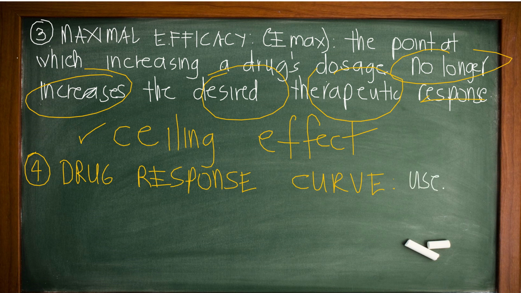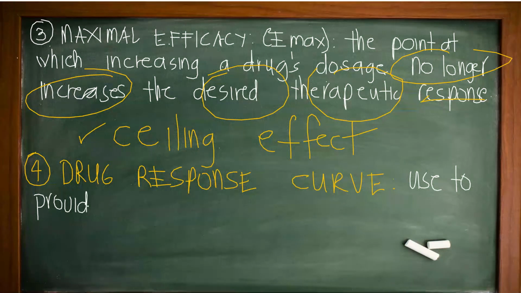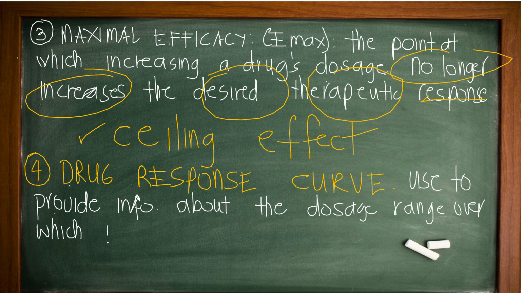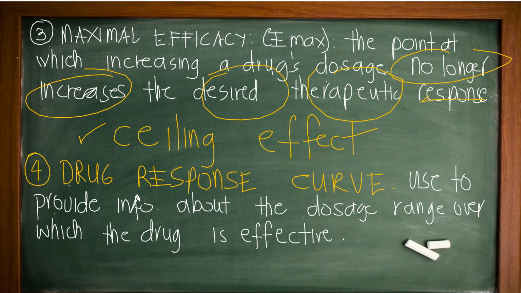It is simply a curve or a graph that is used to provide information about the dosage range over which the drug is effective, as well as the peak response that can be expected from the drug.